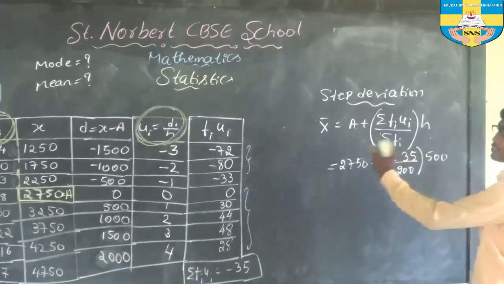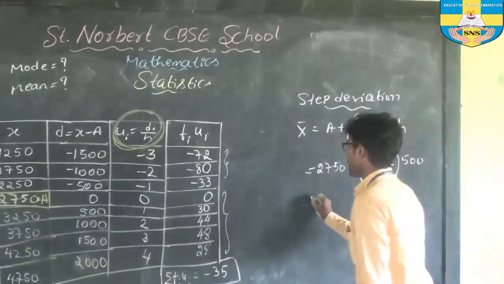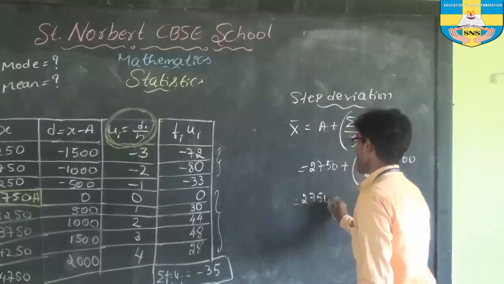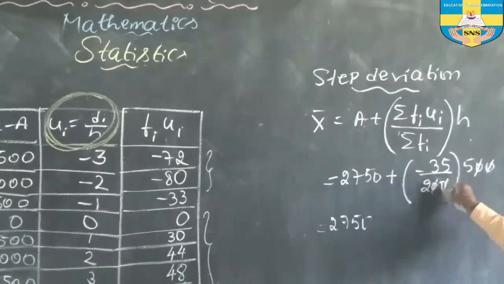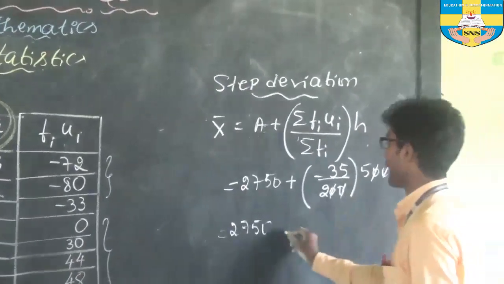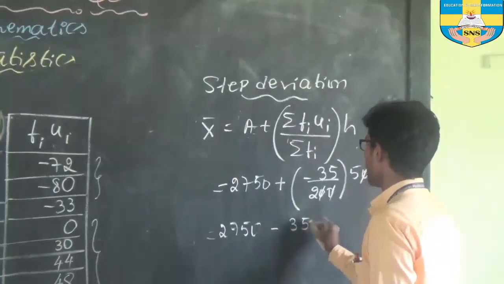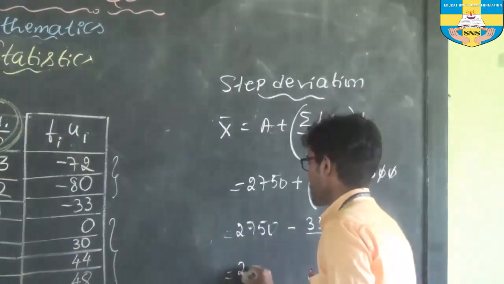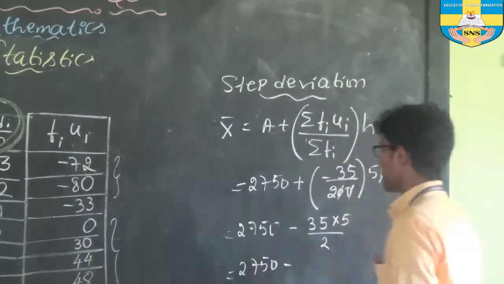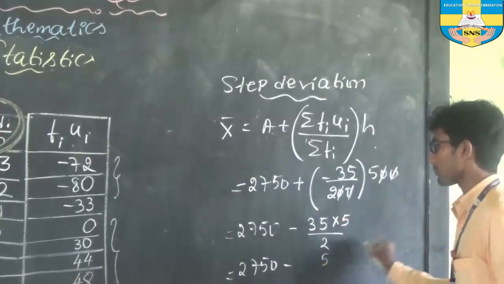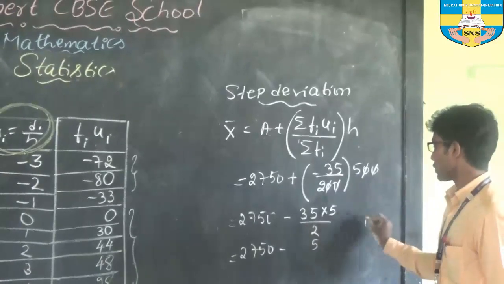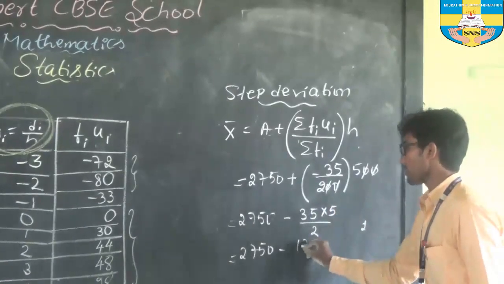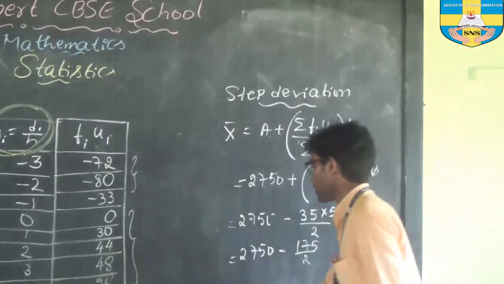The value of h in this problem is 500. 2750, then 2 zeros you can cancel, then you will be having minus 35 into 5 divided by 2, that is minus 175 by 2.